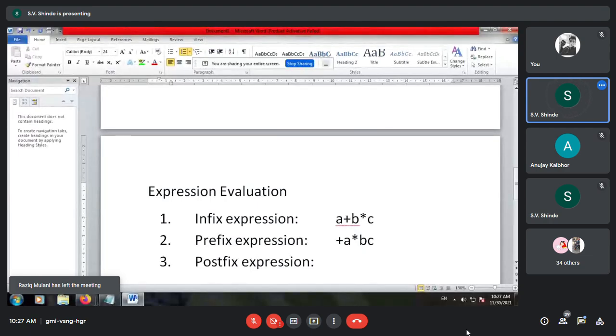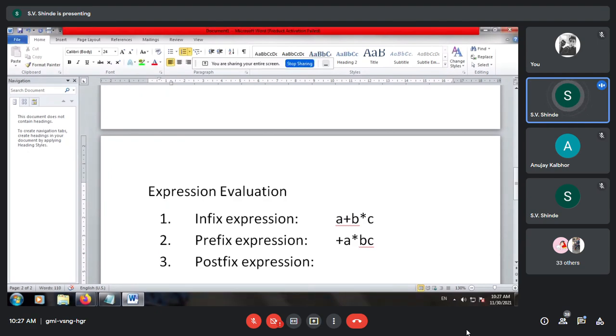It can be written in this way, and these notations can be called prefix notations.